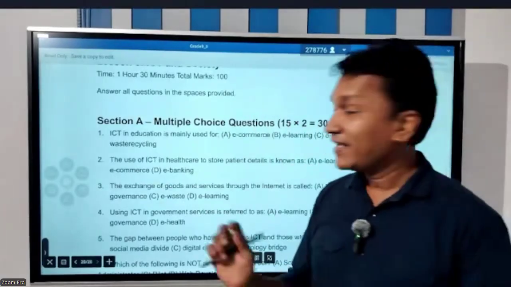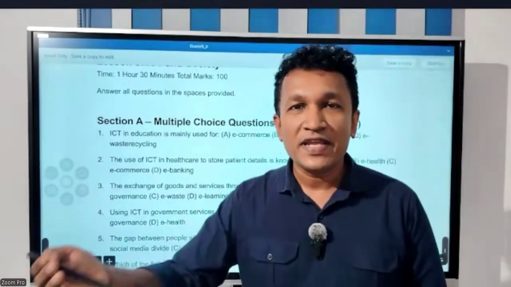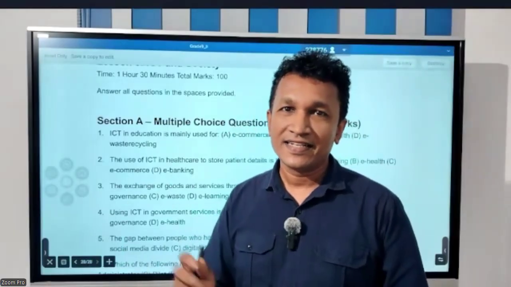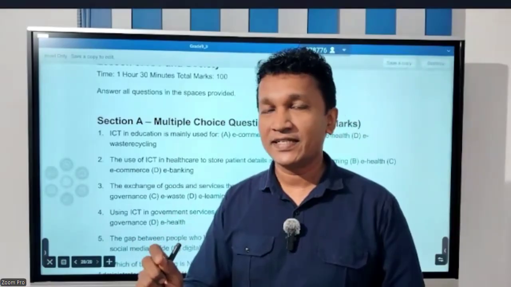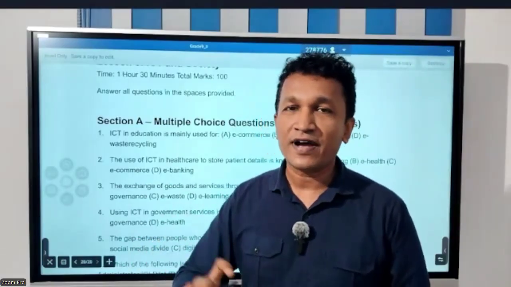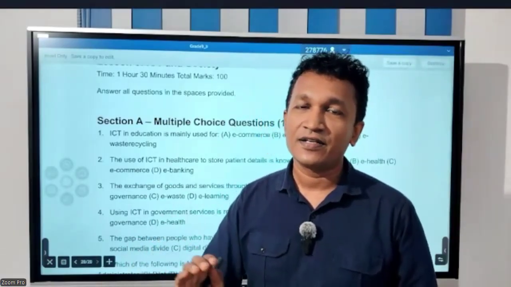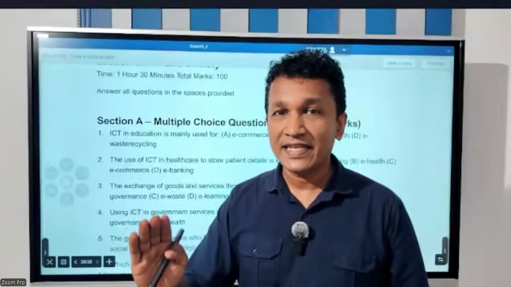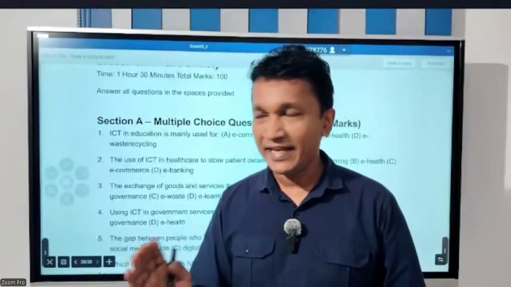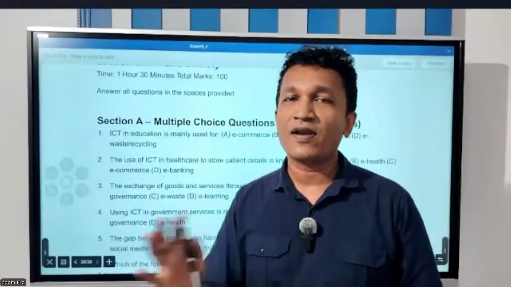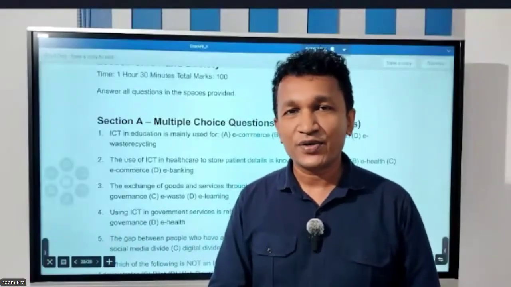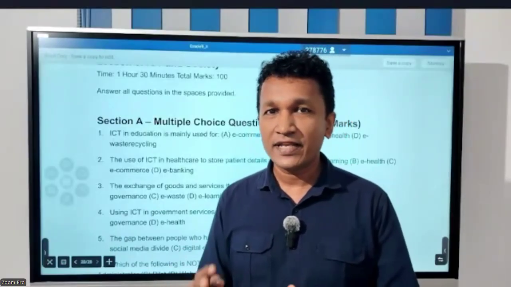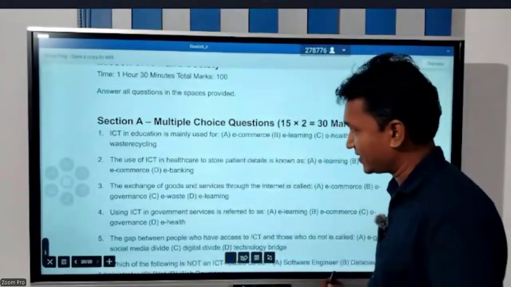So normally, exchange of goods and services means when we buy something online and pay online, we call it e-commerce, right? When we do transactions with money, when we purchase something online, we call it e-commerce, not e-governance. When we purchase online and pay online, that is a commercial purpose, so that is called e-commerce.